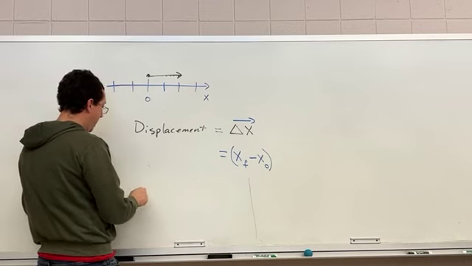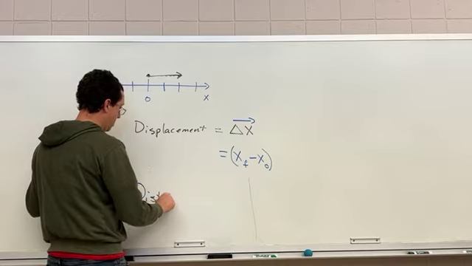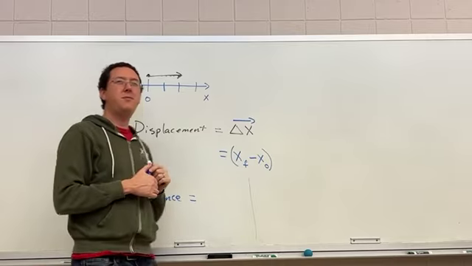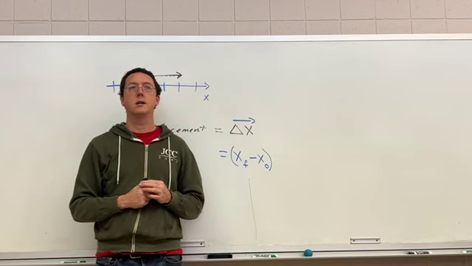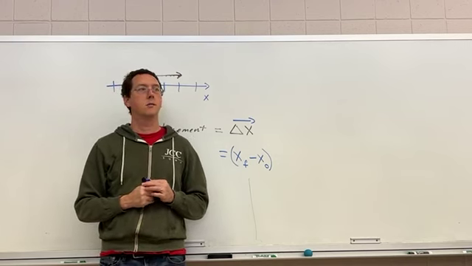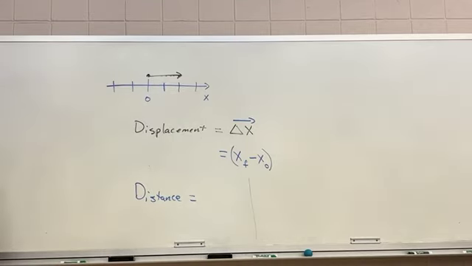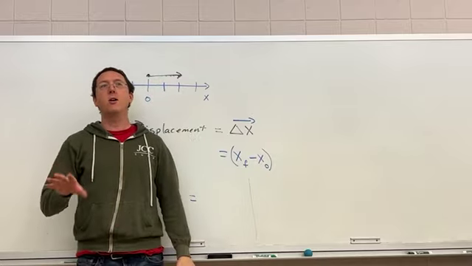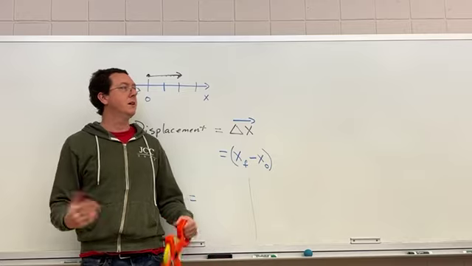On the other hand, we had distance. How did I define distance? Yeah, I gave a physical definition. You can probably jazz it up, but since we aren't going to use distance, I'm not going to waste time making it super fancy.